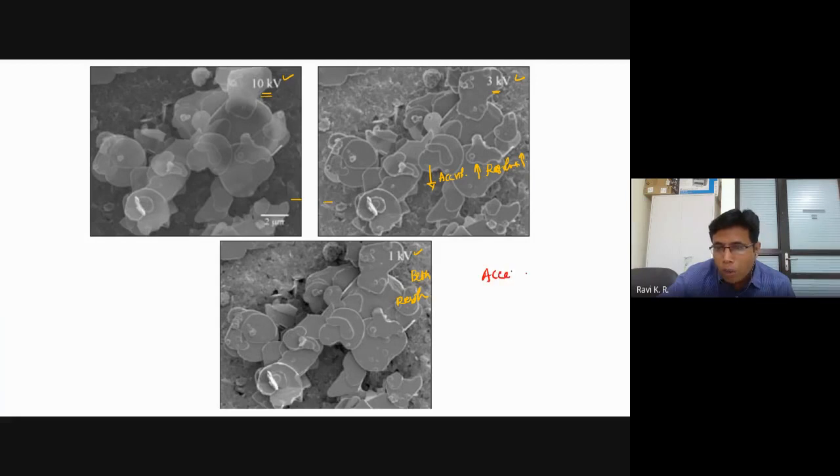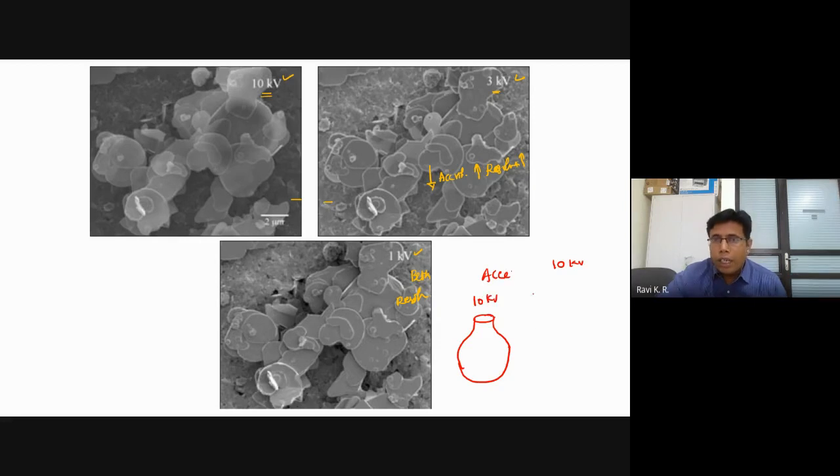acceleration voltage. Let's say you go from 10 kV, you're going to have some beam diameter. You are going to have some interaction volume. Let's say this is your beam diameter and this is your interaction volume. Okay, this is at 10 kV.